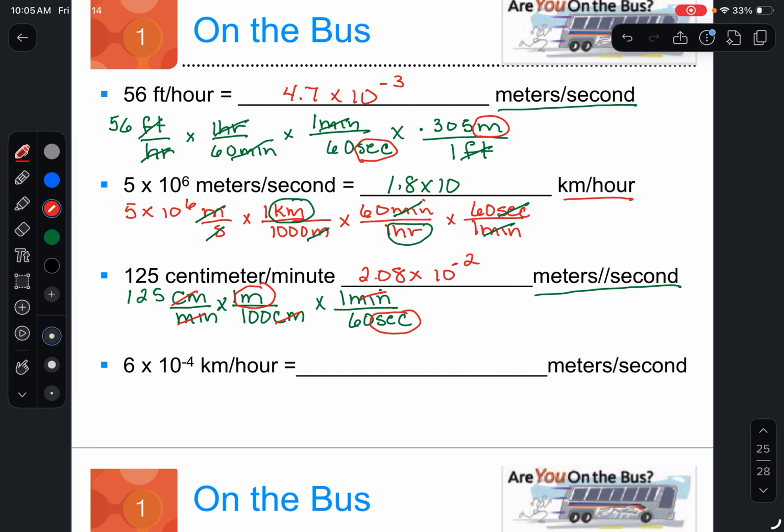Okay, and then we have 6 times 10 to the minus 4 kilometers per hour, and you're going to meters per second. So we know in 1 kilometer, we have 1,000 meters. We know in 1 hour, we have 60 minutes.